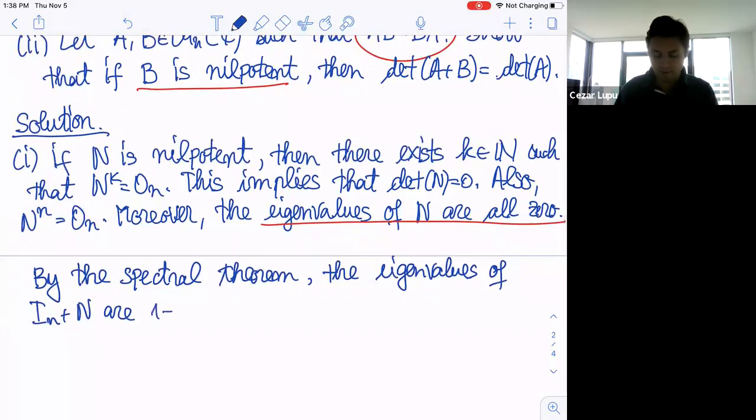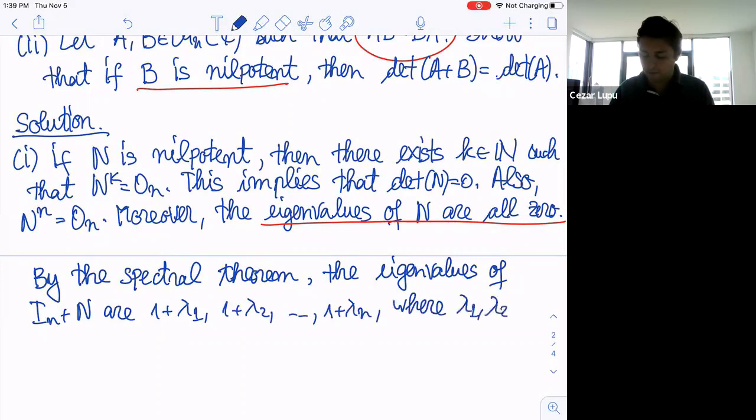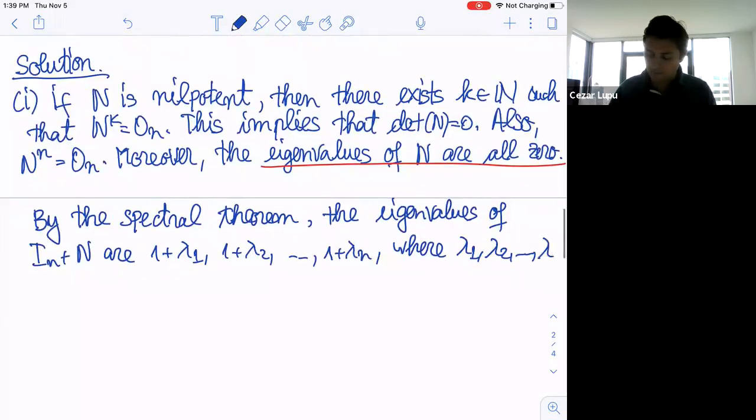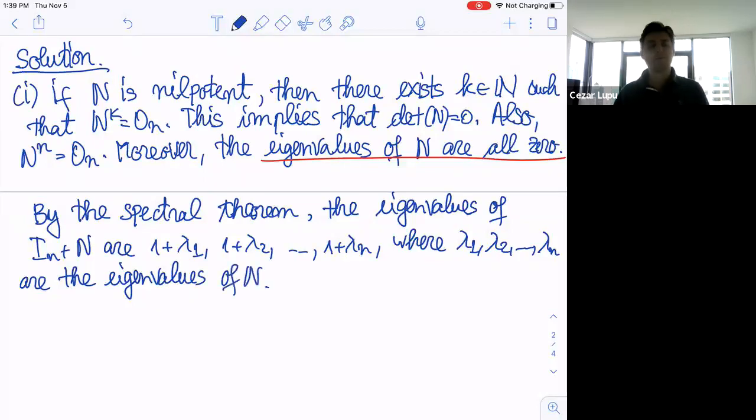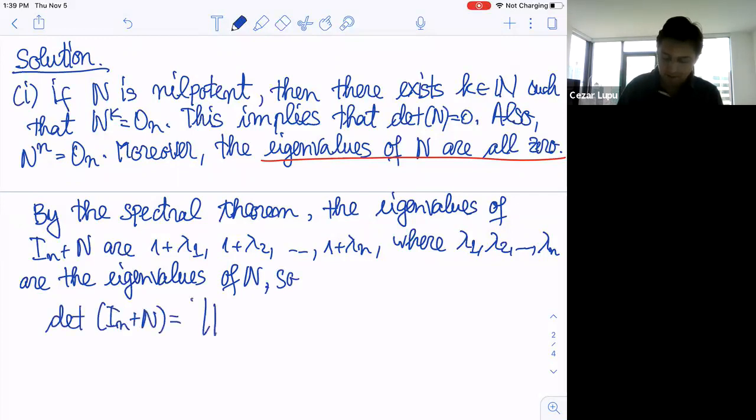Well, 1 plus lambda 1, 1 plus lambda 2, up to 1 plus lambda n, where lambda 1, ..., lambda n are the eigenvalues of N. So what can you say about the determinant? So the determinant of the identity plus N is nothing else than just a product. It's the product over all 1 plus lambda i.